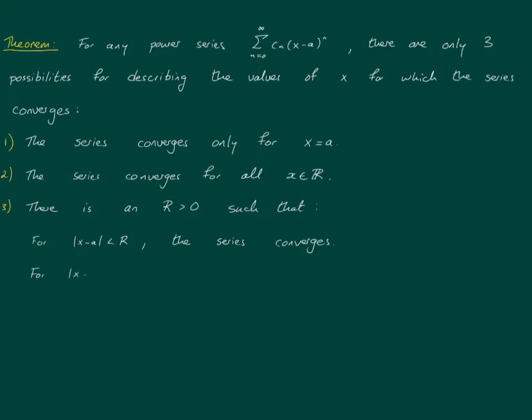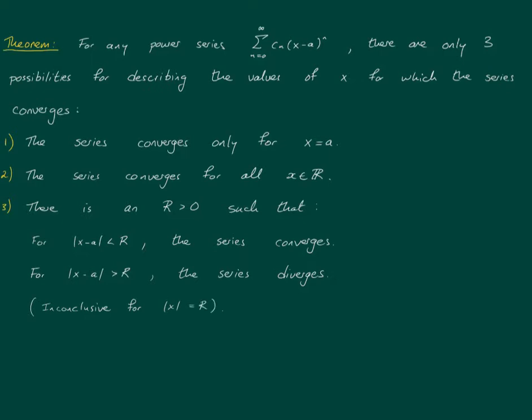For absolute value of x minus a greater than R, the series diverges. And inconclusive on the boundary. So inconclusive when x is exactly R away from a.